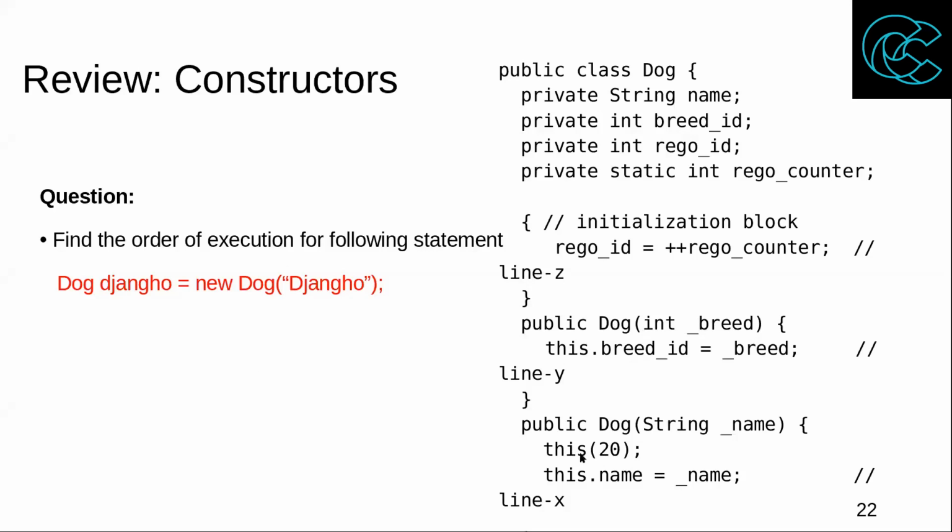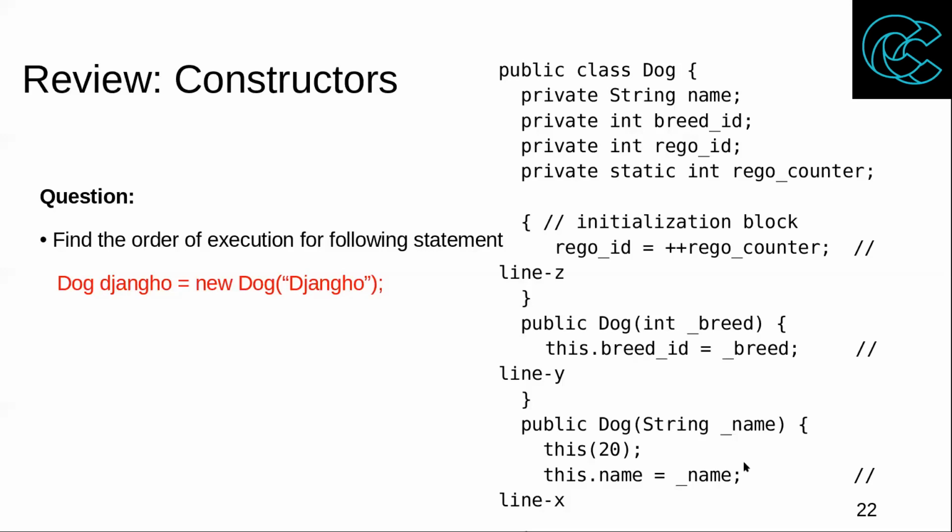This of 20 would call the first constructor, which is public dog with an integer in the parentheses, because 20 is an integer. It will call the integer constructor, right? So first it will call this particular constructor, and then it will initialize name to whatever parameter was passed.